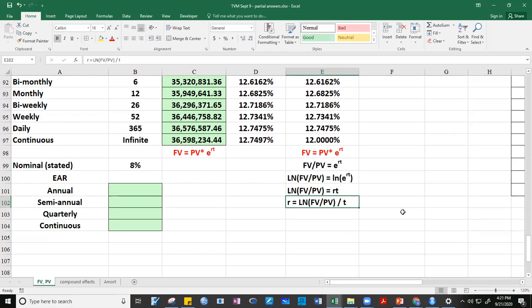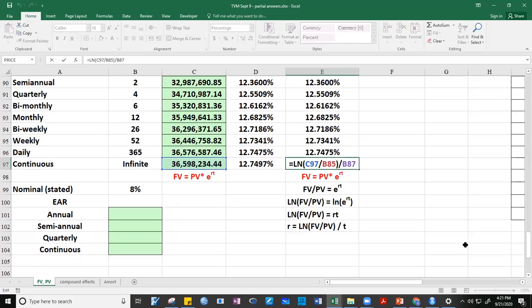Alright, tapos ln of e to the rt r over t. ln of C97 over C85 divided by B87.